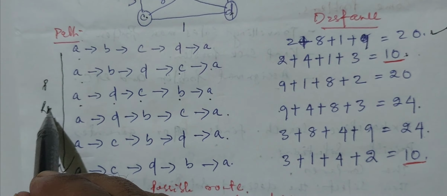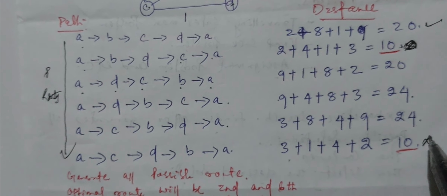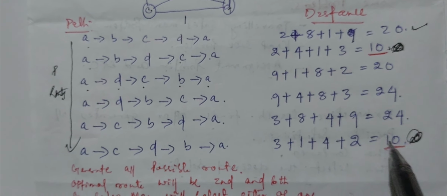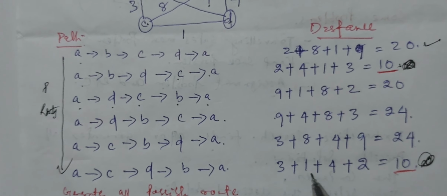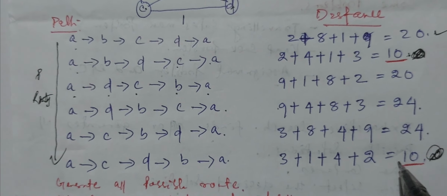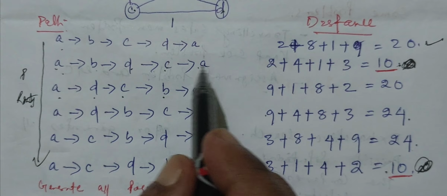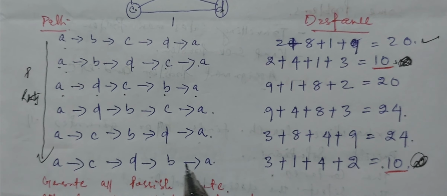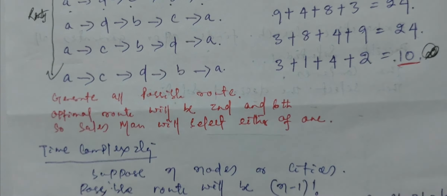From the results, we will compare which is minimum. These two are the minimum, minimum cost bearing paths. So these two will be our optimum paths. Then the salesman will think which one he will take: A, C, D, B, A or A, B, D, C, A. The salesman has the responsibility to choose, whether the second one or the last one.